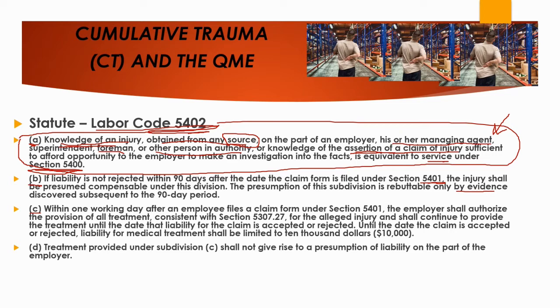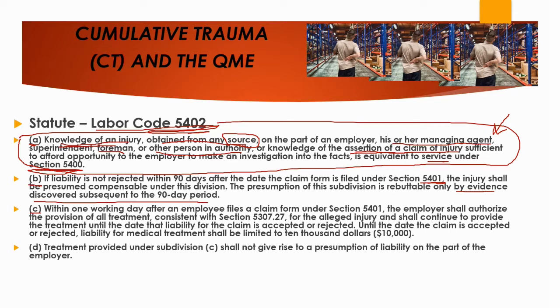The presumption can only be rebutted by evidence that comes in after the 90-day period. But in the 90-day period, if the claim is not rejected, then it's presumed compensable. So typically, the employer or the claims administrator will perhaps spend 30 days or 60 days or sometimes even 90 days to investigate the claim before rendering their opinion to either accept or deny the claim.